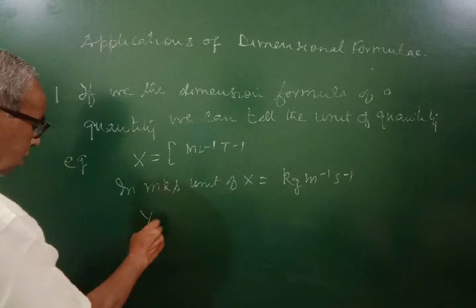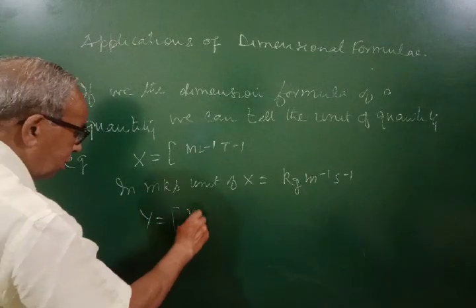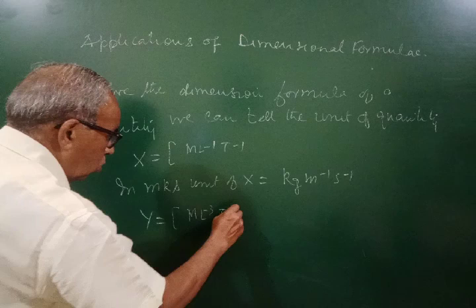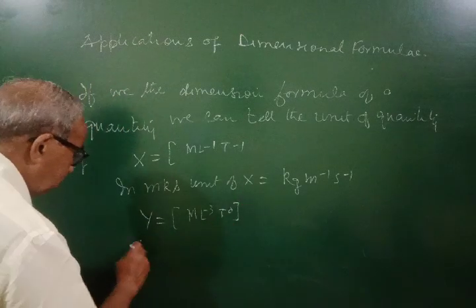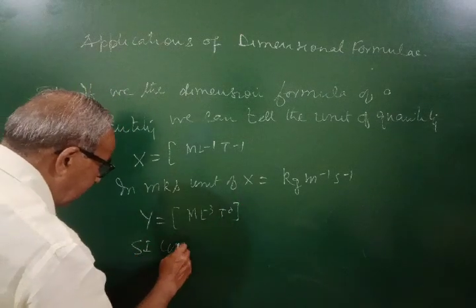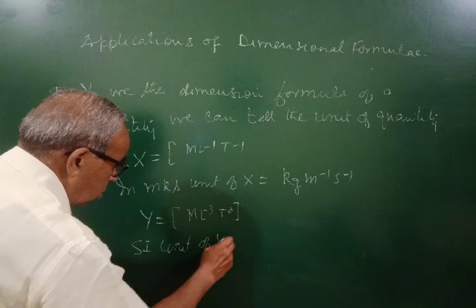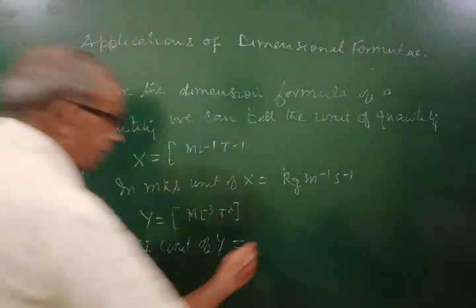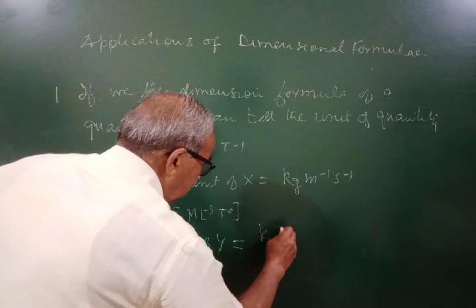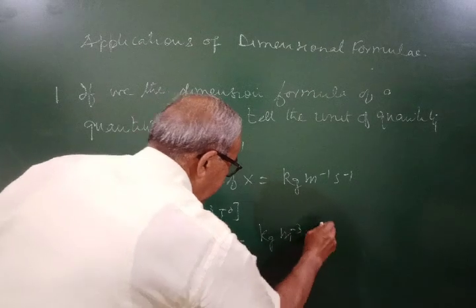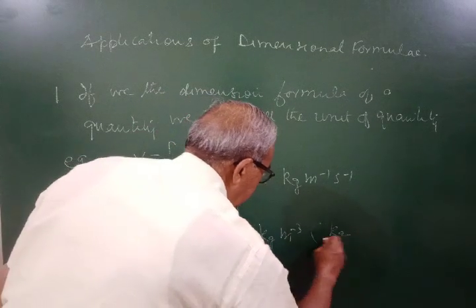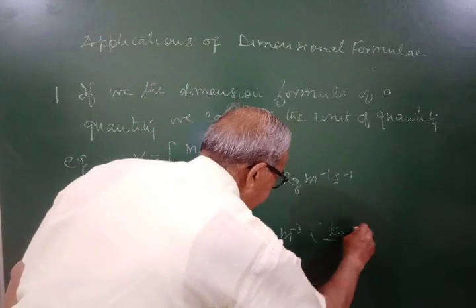Suppose y has dimension M L^-3 T^0. So the SI unit of y will be kg per meter cube.